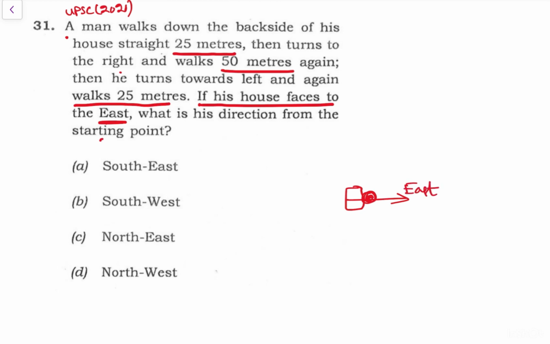The question is: in which direction is he from the starting point? The man walks down from the backside of his house. His house is facing east, so the backside is west, so the man is walking towards west. He traveled for 25 meters. Then he turns right, so where is his right hand? The right hand is this side, and he walks 50 meters.